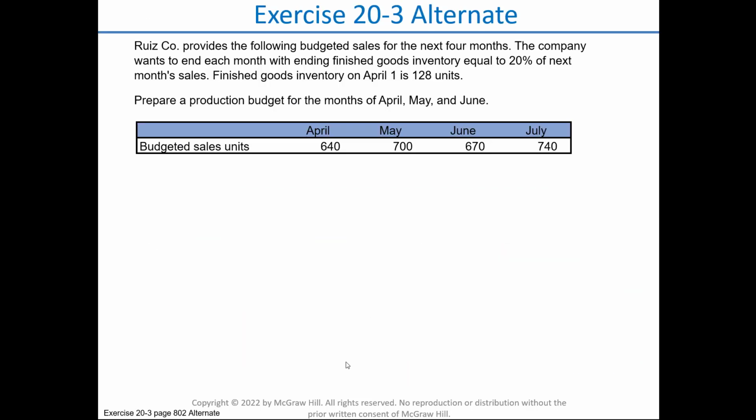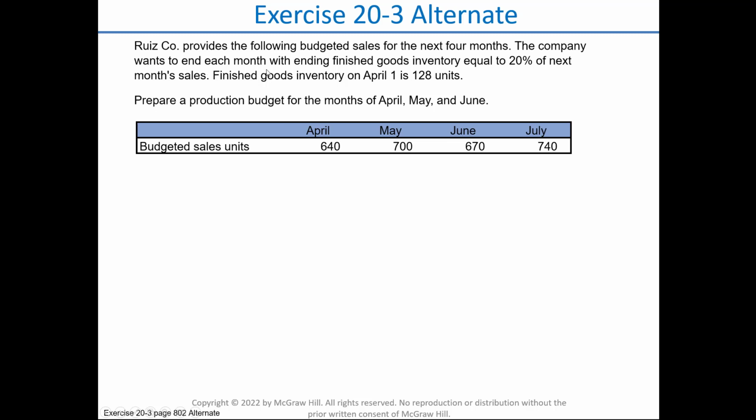First is exercise 20-3, and they want us to prepare a production budget for 3 months, April, May, and June. In this information, it tells us that the budgeted sales are $640 for April, $700 for May, $670 for June, and $740 for July.